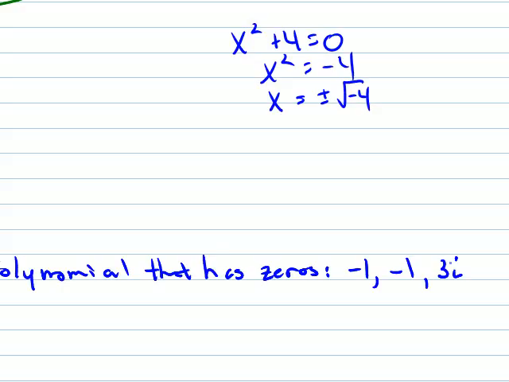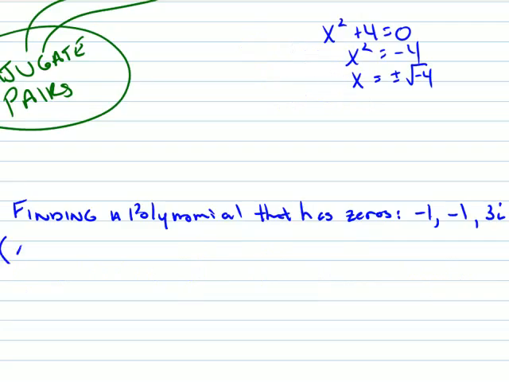Well, what we'd say is if -1 is a 0, x plus 1 is a factor. And if -1 is a 0 again, x plus 1 is a factor again. And if 3i is a 0, x minus 3i is a factor.